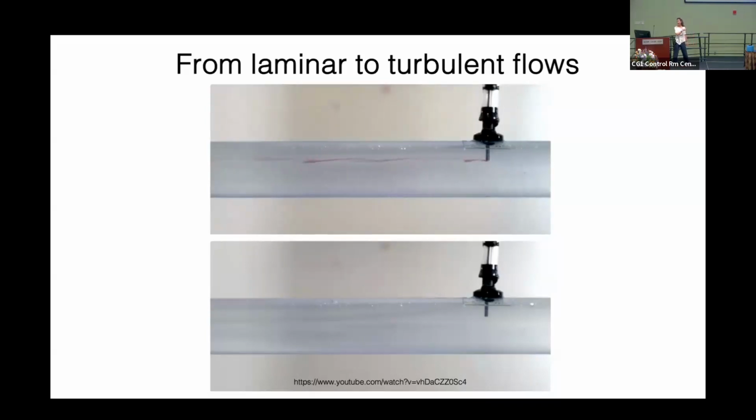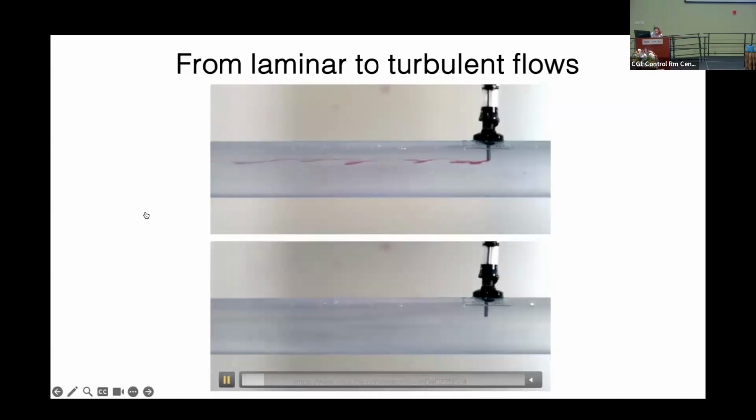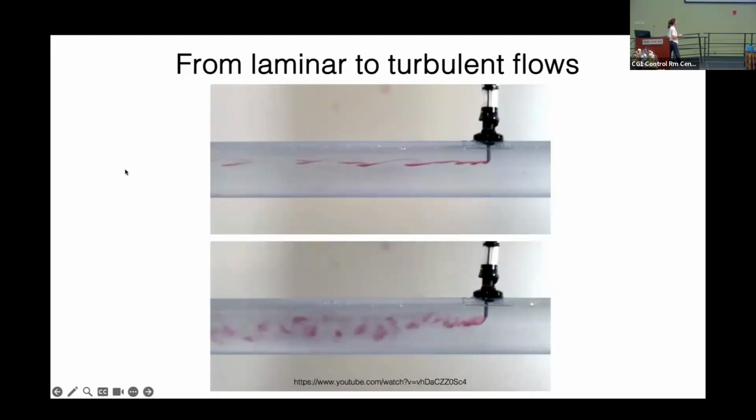In fact, doing this kind of experiment accurately is very challenging. The movie below instead corresponds to the turbulent case, high Reynolds number, which has been achieved by increasing the flow velocity.